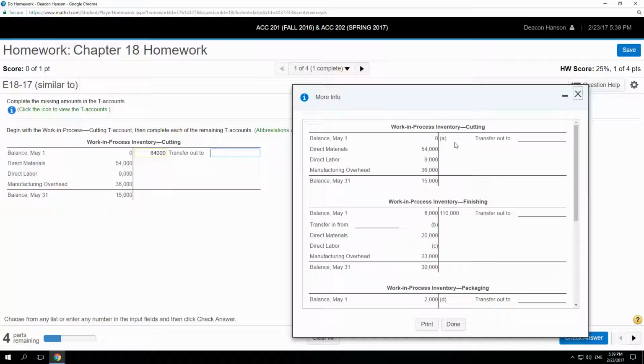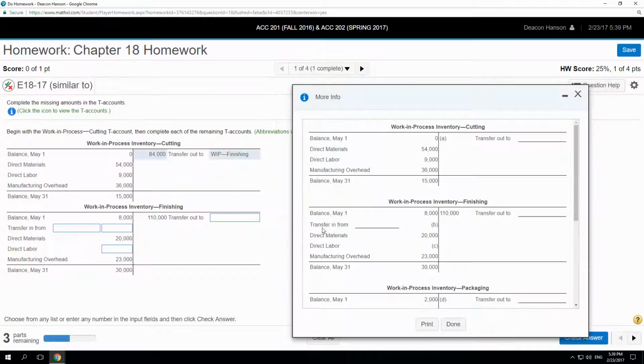So we can say that that 84,000 was transferred out to finishing. Okay, so it's moving from here to finishing. Now, when we get over to the finishing account, we can say that the 84,000 came in from cutting.